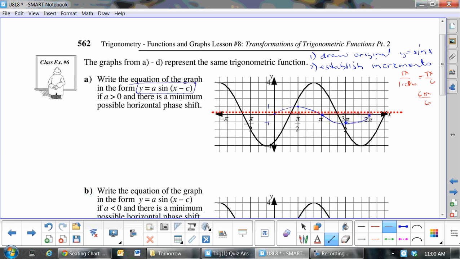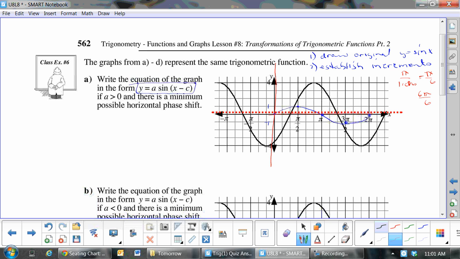Okay? Now, the other thing I look at is, do you see how the floor, see from the y-axis, it was touching the y-axis. It goes through. Now the new graph, compared to the midline, it moved, didn't it? It moved 3 increments. It moved 3 pi over 6s to the right. 2 pi over 6s to the right. Okay, do you see how obvious it is when I make a mistake? I was like, what?